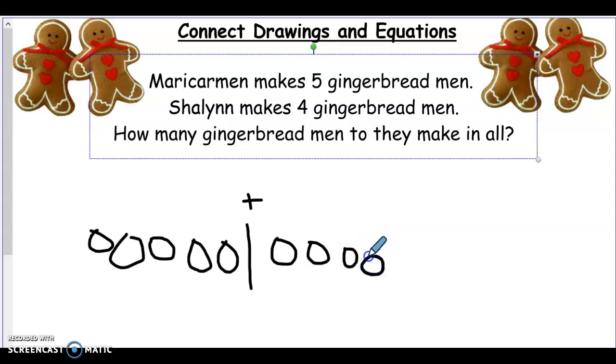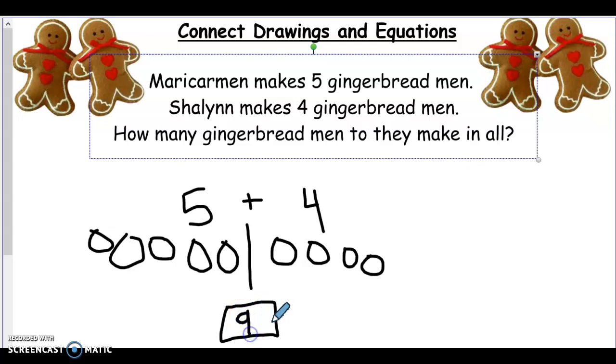We want to know how many is that all together. So we have our 5 over here, our 4 over here, and how many they make all together. Count them up. Tell me what you get. Did you get 9?